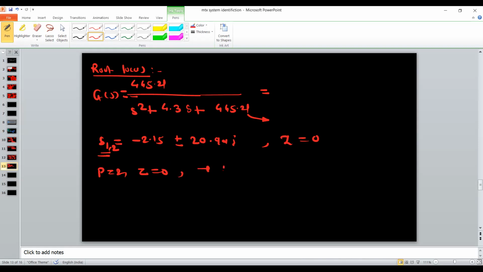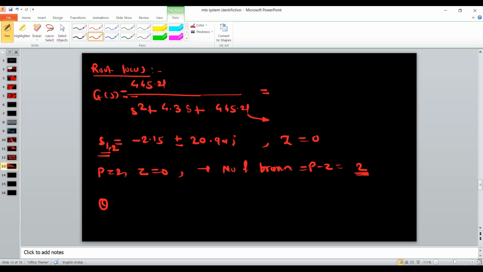So number of branches for the root locus is equal to P minus Z, that is equal to 2. Okay. So these two branches will start from the open loop poles, one at S1 and second will start from the S2. Okay. Then the angle of asymptotes defines the direction of the root locus.